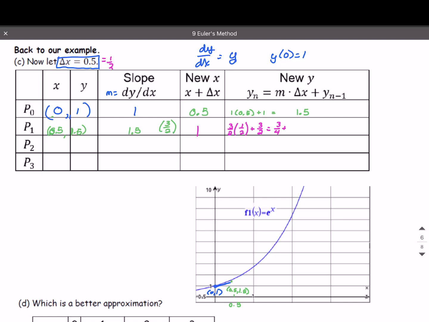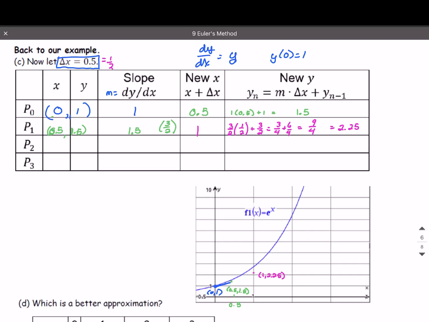Plus, if I want to add 3/2, I need a denominator of 4, which means I have to double the numerator. So we get 9/4, which, if you want, you can use 2.25. It doesn't matter. So now I'm going to plot that point 1, 2.25.